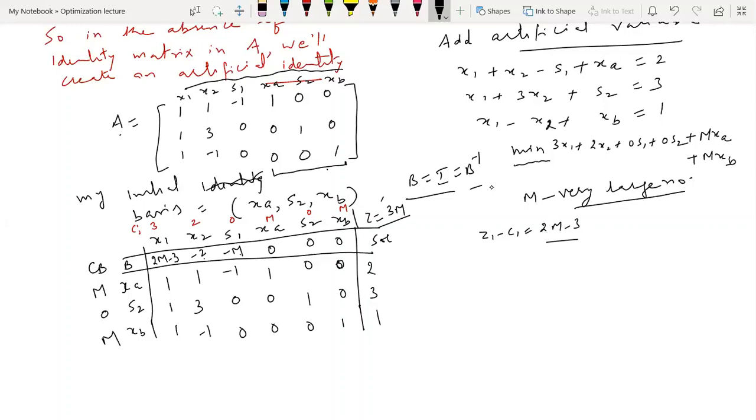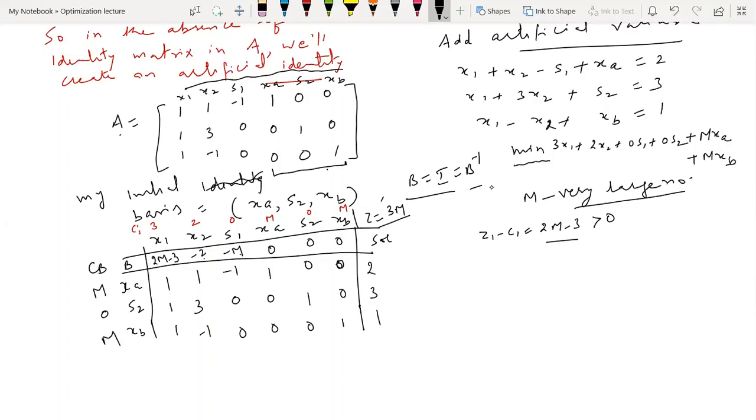Since M is a very large number, 2M minus 3 is a positive quantity. But this is a minimization problem, so in order to have an optimal solution, I must have zj minus cj all less than or equal to 0.